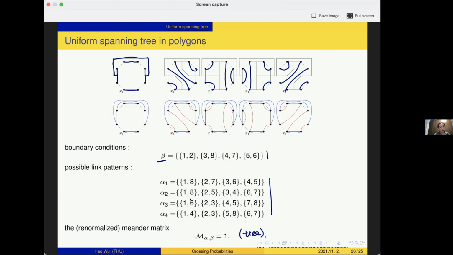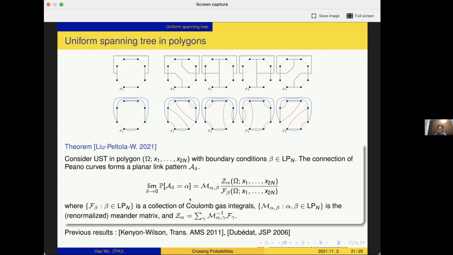Okay, so this is the uniform spanning tree in polygons. And now we can come to the question. If we consider the uniform spanning tree in a polygon with alternating boundary conditions, what are the connection probabilities for the Peano curves? The Peano curves will form a planar link pattern, and for each possible planar link pattern, this probability is given by this formula on the right-hand side.